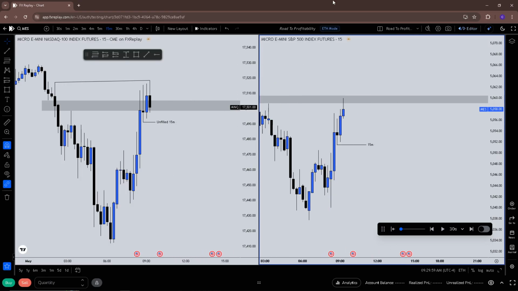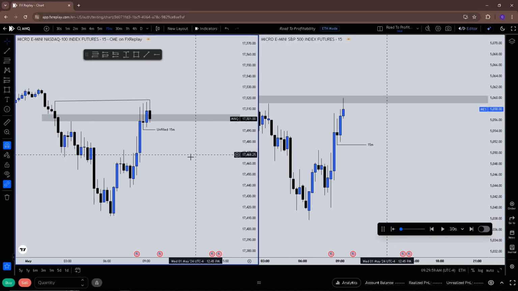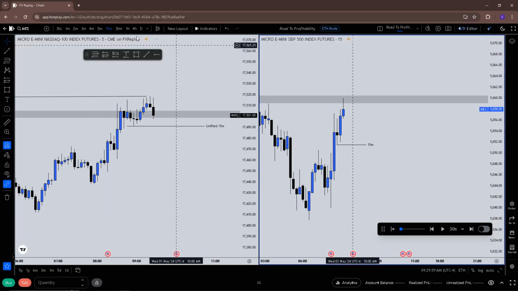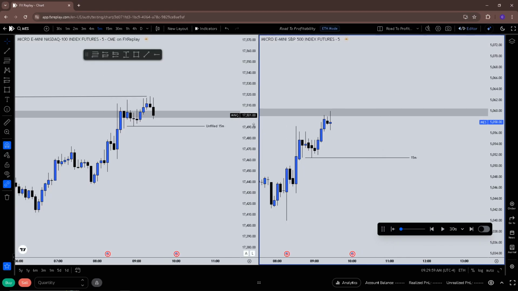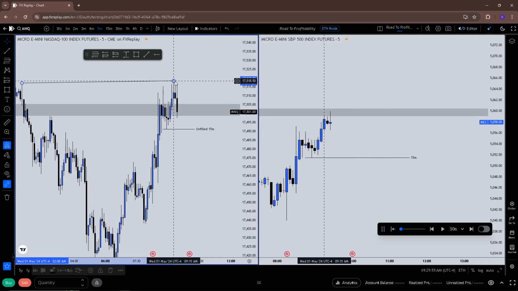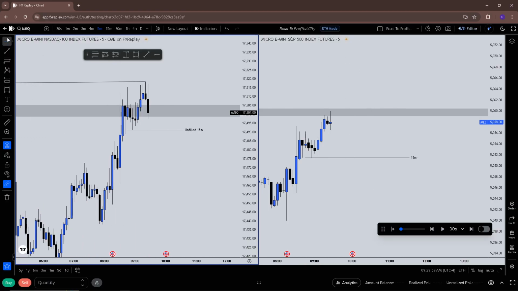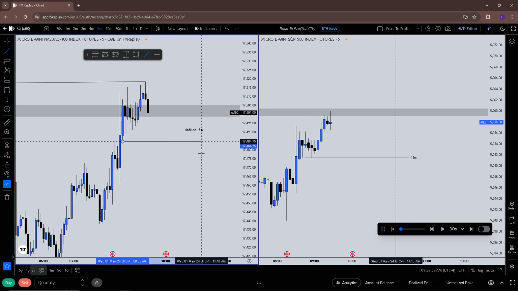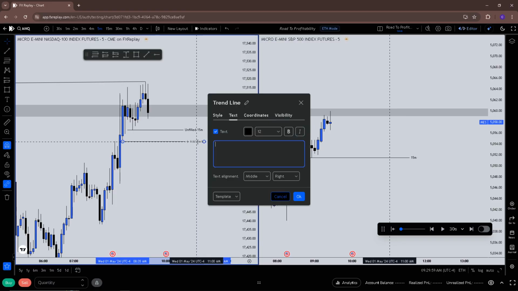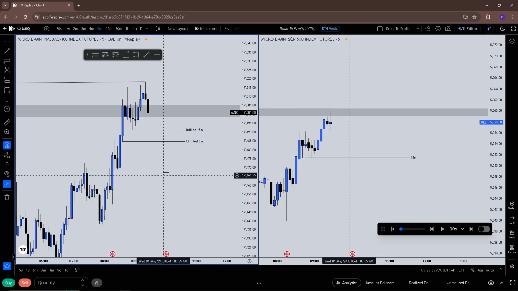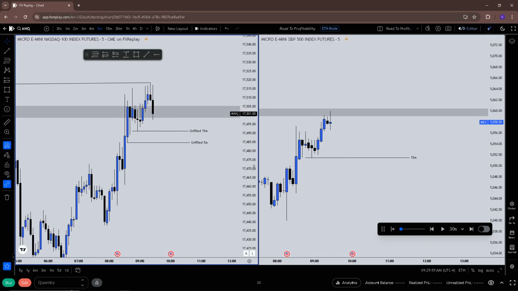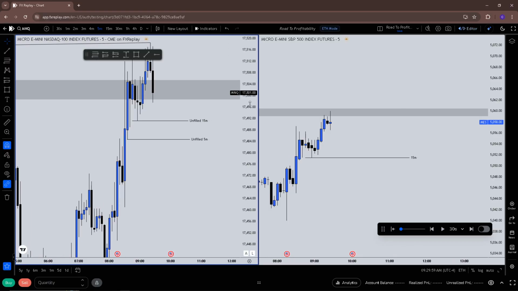Same thing right here. Unfilled 15-minute below. What do I see on the 5-minute? Unfilled 5-minute. We look bearish.